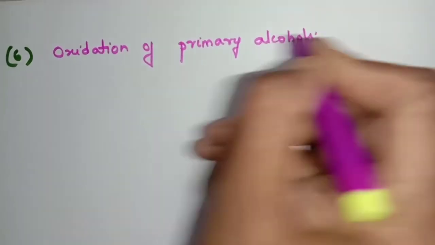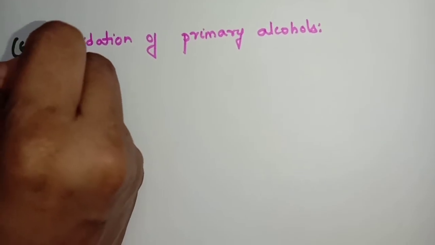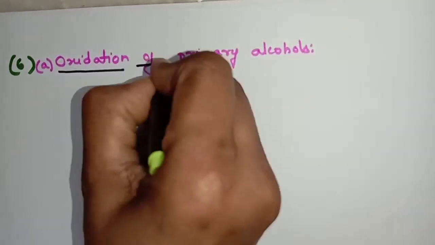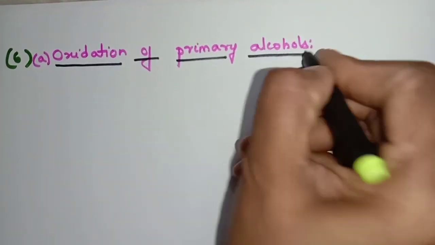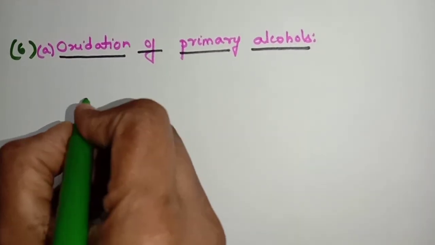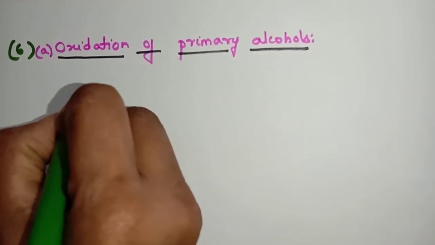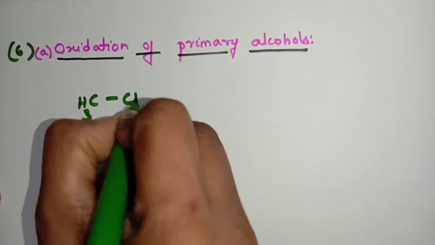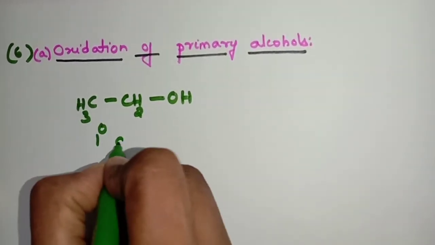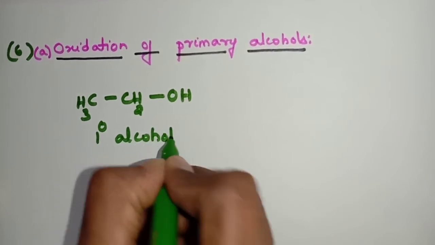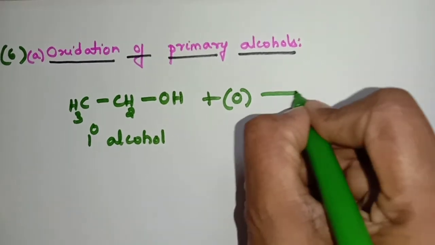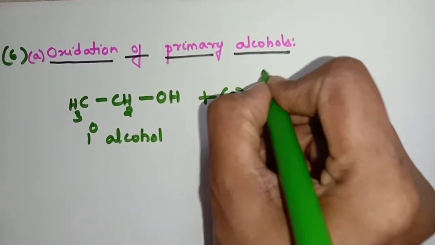Under the sixth method, mark it as A: oxidation of primary alcohols. I think now you know what a primary alcohol is. So CH3CH2OH is a primary alcohol. You can write its name also. I am not writing here. So this on oxidation using PCC.